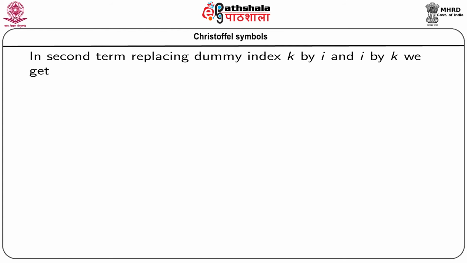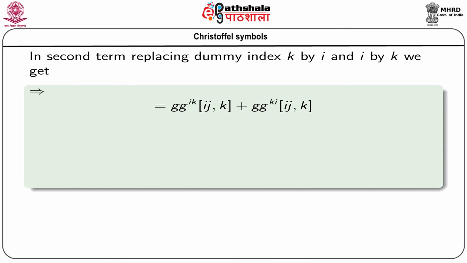Now, in the second term, replacing dummy index k by i and i by k, we get g g^{ik} [ij, k] + g g^{ki} [ij, k], which gives twice g g^{ik} [ij, k], since g^{ki} equals to g^{ik}, because g^{ik} is a symmetric contravariant tensor of rank 2, and g^{ik} [ij, k] can be expressed as Γ^i_{ij}.